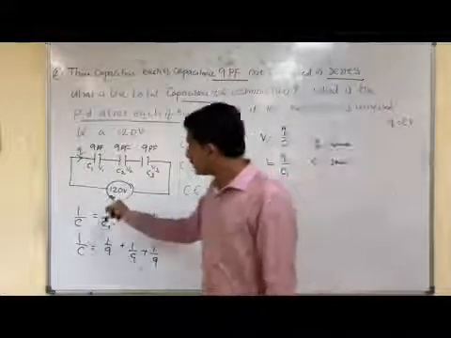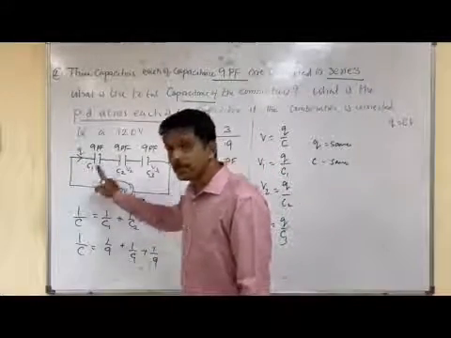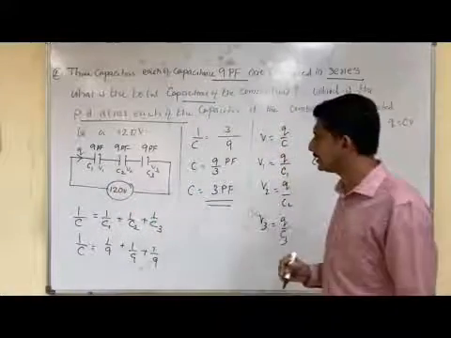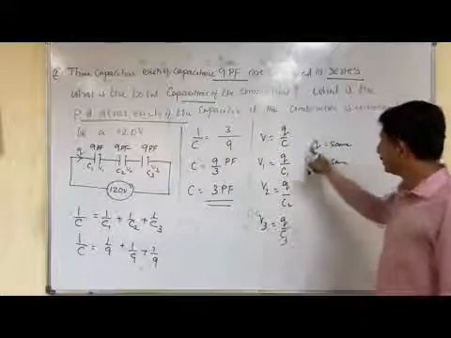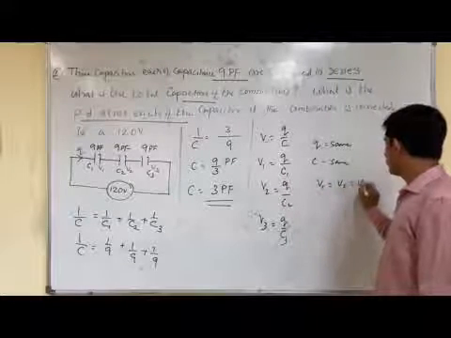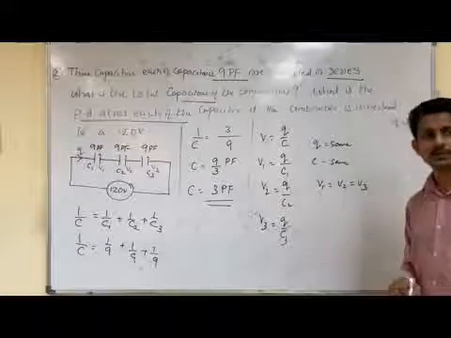That means the net voltage will be divided equally. The voltage drop across each of these capacitors is the same in this case because the charge is the same and the capacitance is the same. So V1 is equal to V2 is equal to V3.